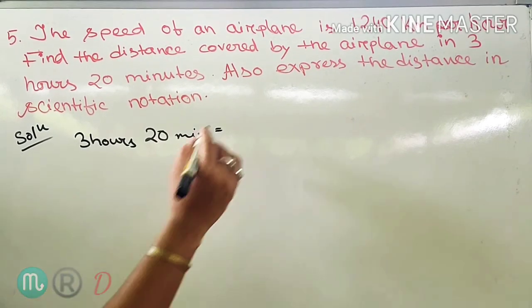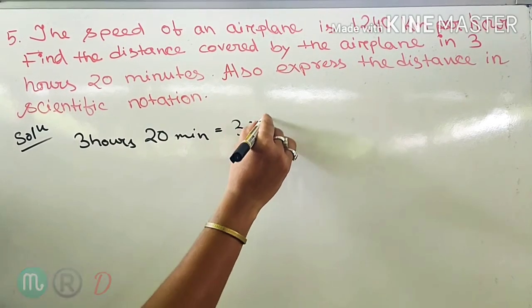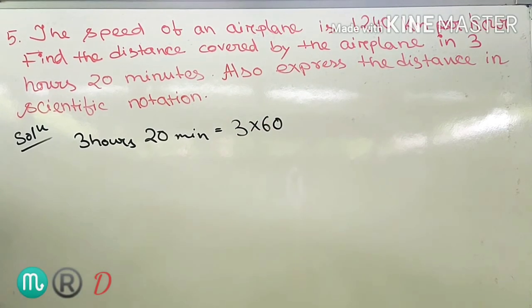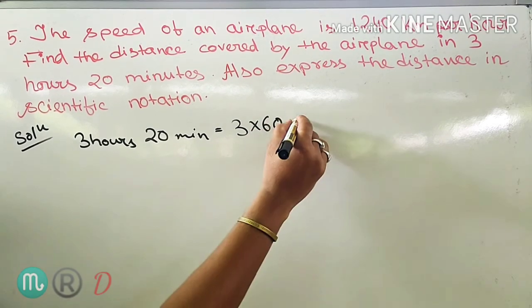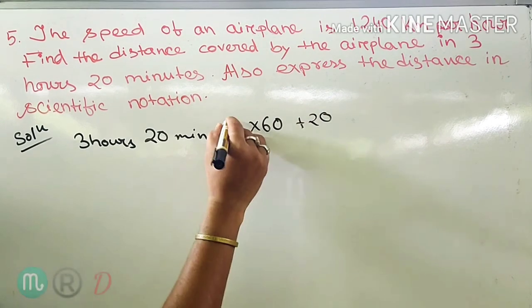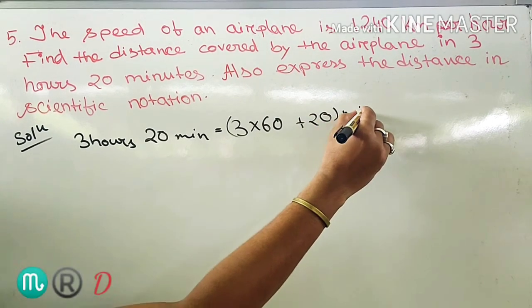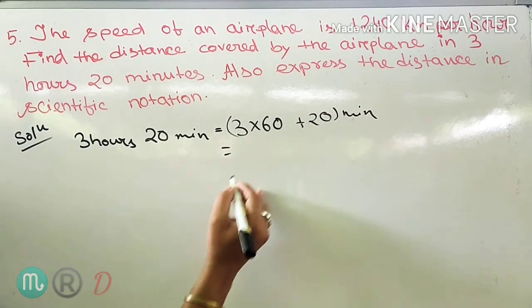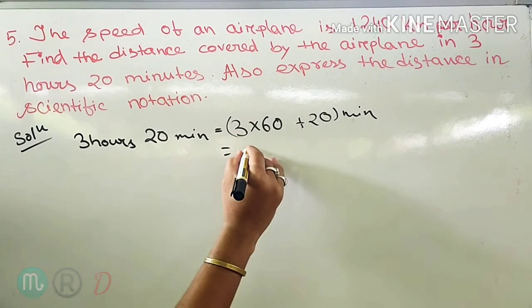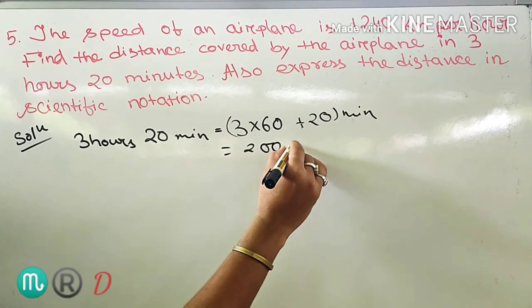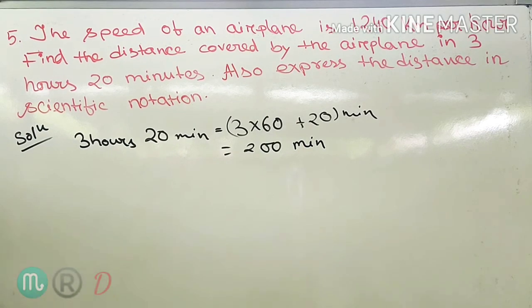So 3 hours, if you convert into minutes, it will be 3 into 60. 1 hour equals 60 minutes. So 3 into 60 plus 20. So 180 plus 20, that means 200 minutes.